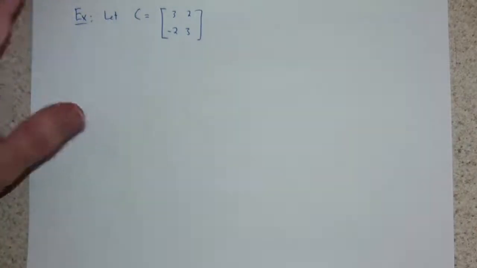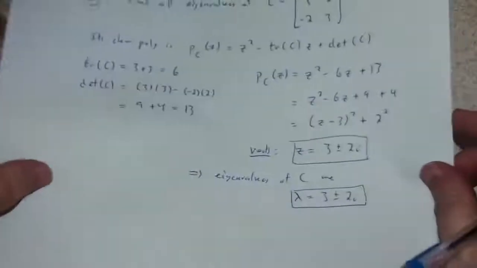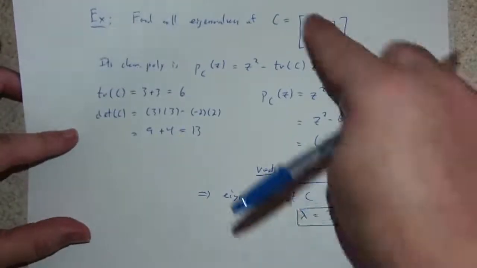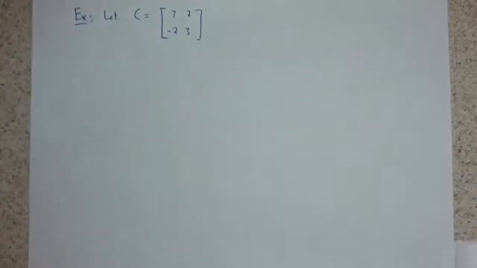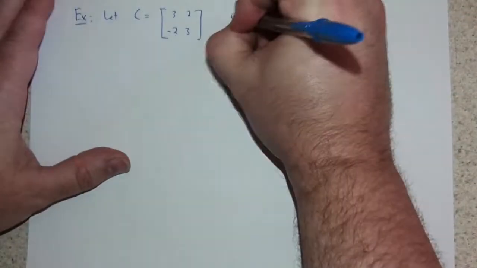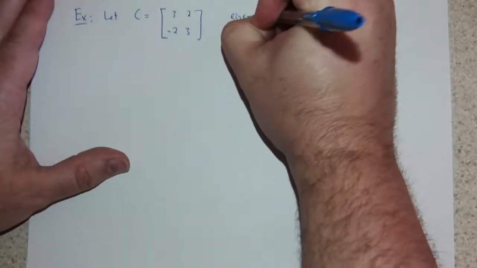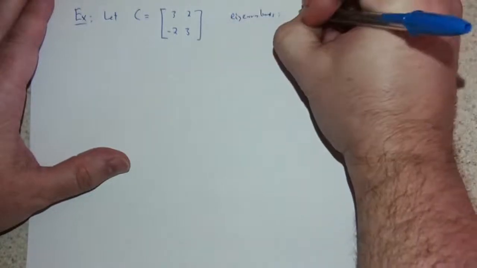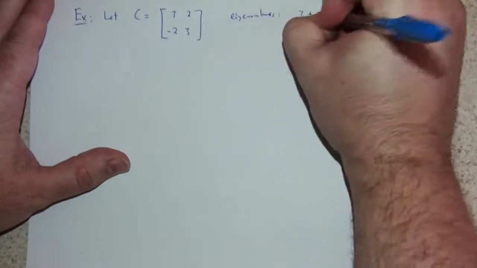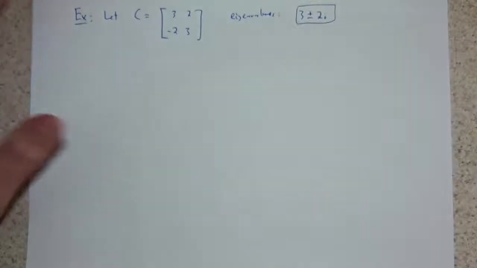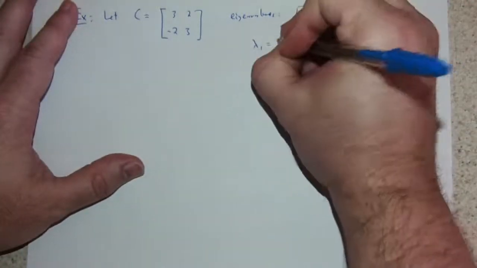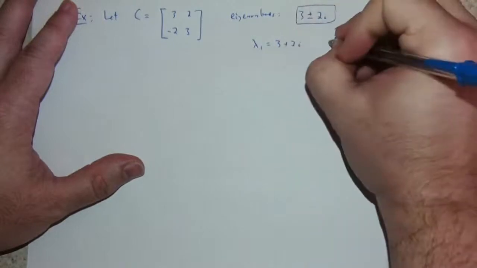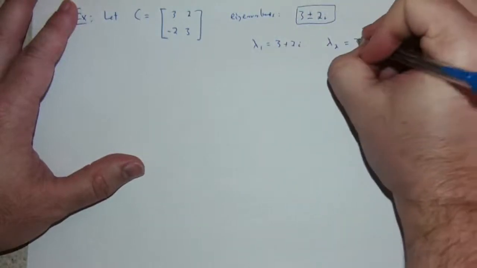Then we already saw from the previous example that the eigenvalues here are 3 plus or minus 2i. Okay, so we'll say lambda 1 is 3 plus 2i, and lambda 2 is 3 minus 2i.